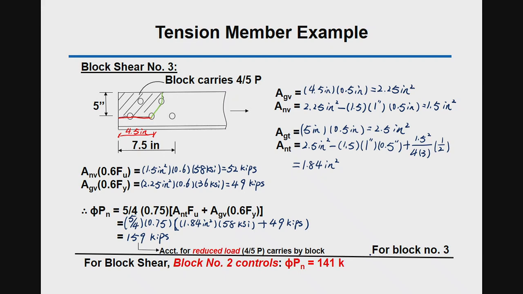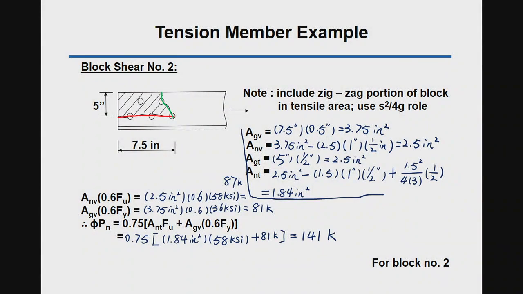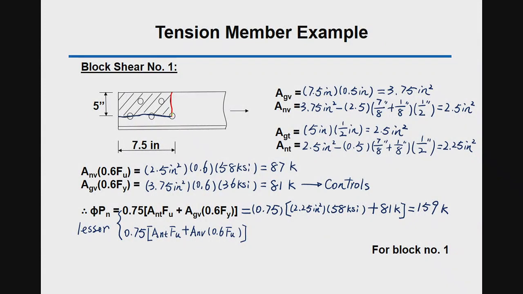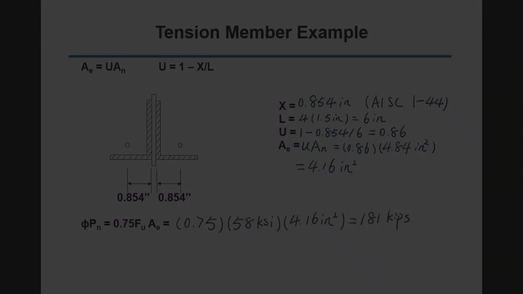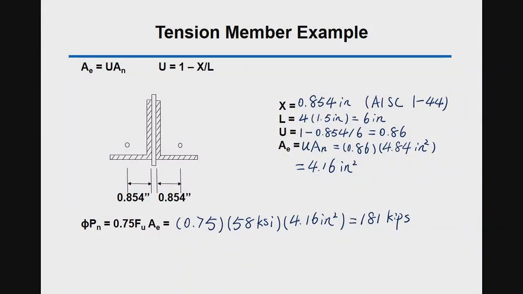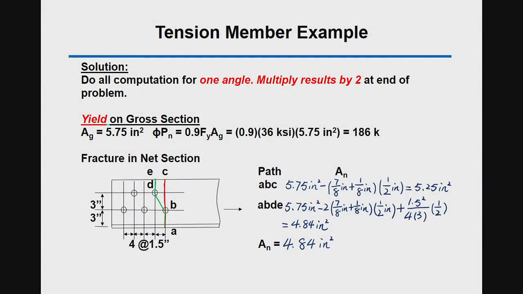Okay, so if we compare VPN based on block shear 2 is 141 and block shear 1 is 159, and then based on fracture is 181 and the yielding is even greater, 186.